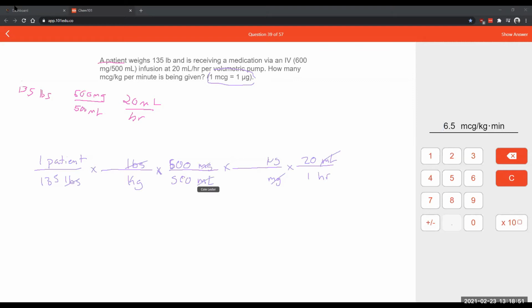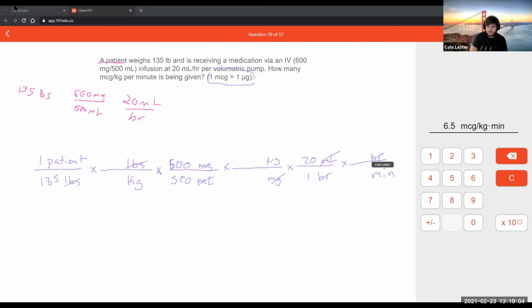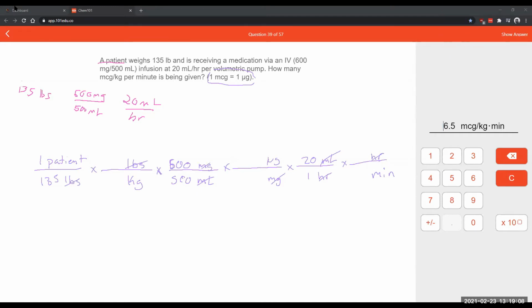And then the last thing you need is just convert hours to minutes. So you put the conversion for hours on top, minutes on bottom. Okay. Then hours cross out. And that way you'll end up with one patient, which you can just kind of ignore. So whatever micrograms over kilograms times minute.